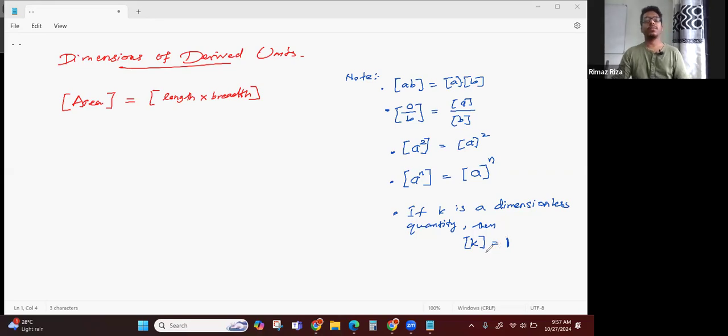If a quantity has no dimension, its dimension value is 1. For example, 2 is just a number, so its dimension is 1. Pi rad, so rad has no dimensions, so it is again 1. Okay, so quickly note this down.